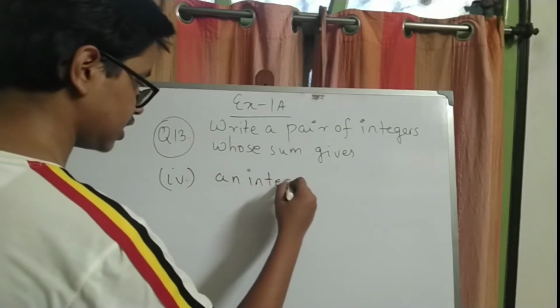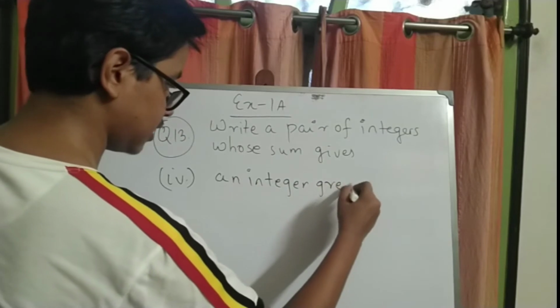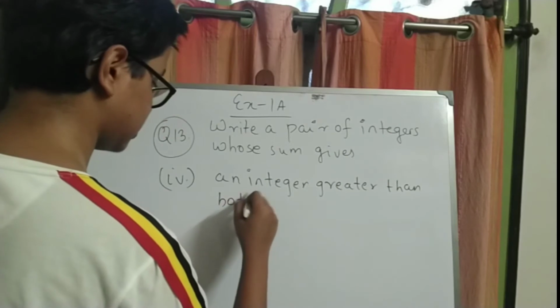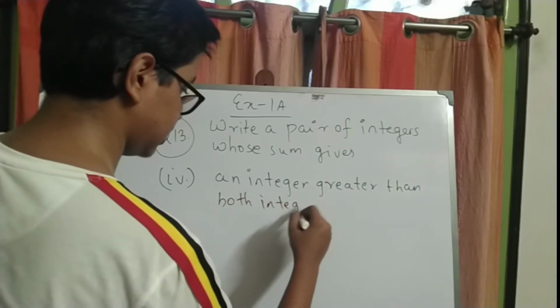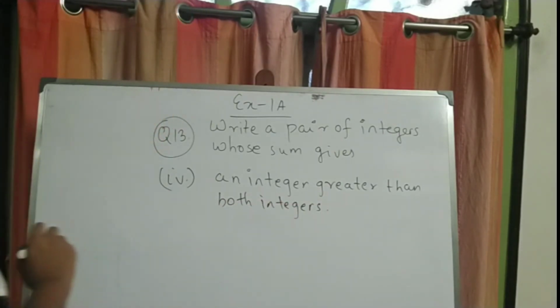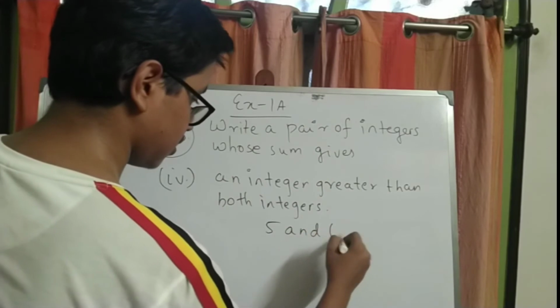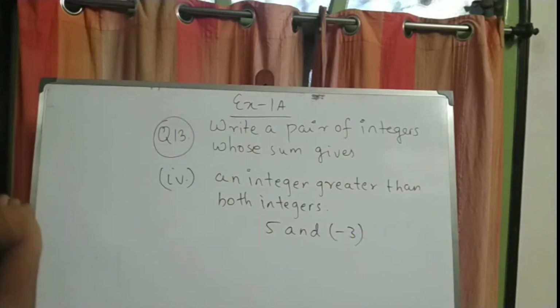Now an integer greater than both integers. First one it was smaller, now an integer greater than both integers. Suppose I take integers 5 and minus 3.